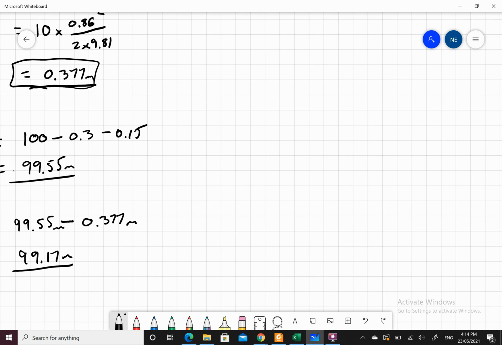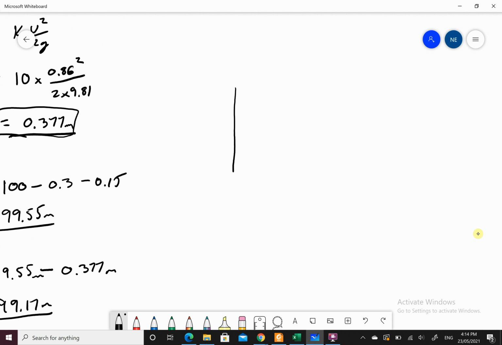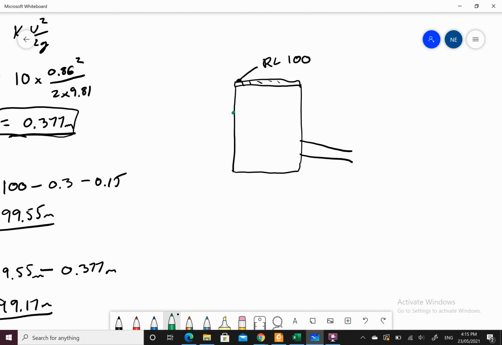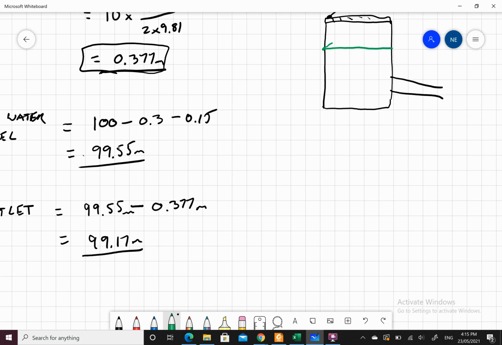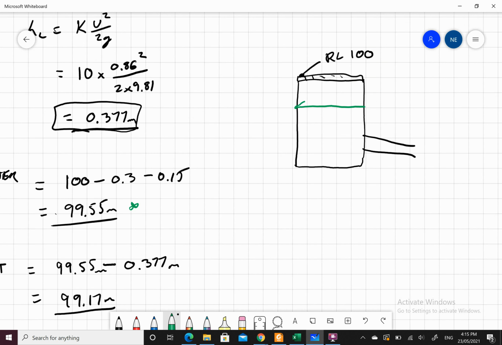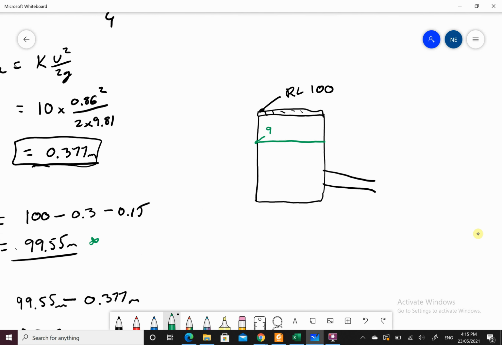Just so I can show that diagrammatically, we have a pit, we have a pipe, this is my top of the pit. This pit level here is an RL of 100. Remember, our hydraulic grade line starts somewhere. In this case, this line is simply our maximum water level, 99.55.